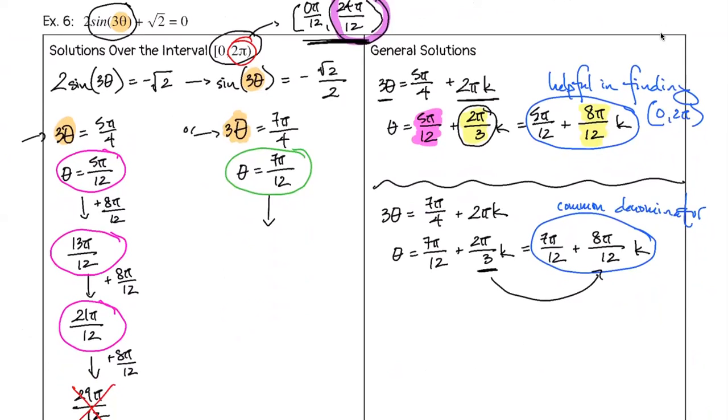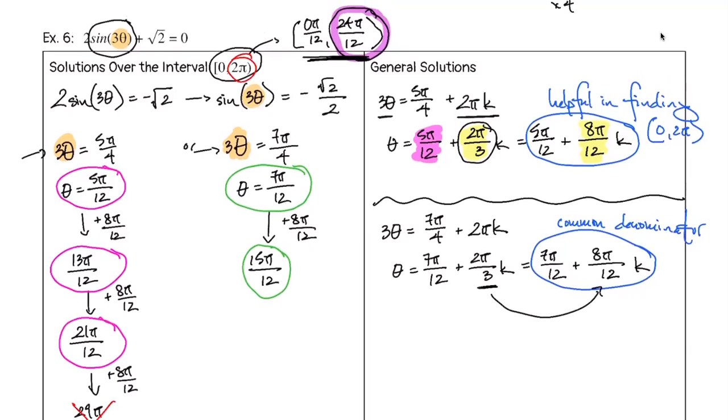We have 7 pi over 12. We're going to add 8 pi over 12 to see if there are any more solutions inside that unit circle. So if we add 8 pi over 12 to that 7 pi, we'll get 15 pi over 12. Okay, so 15 pi over 12 also works. All right, what do we think?